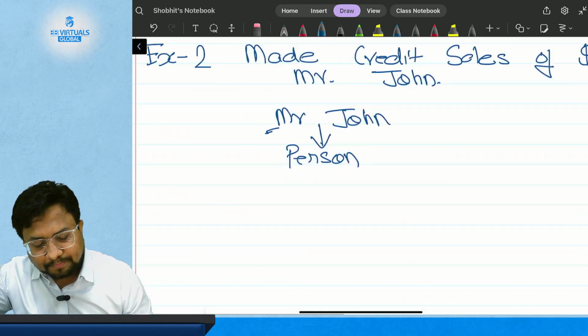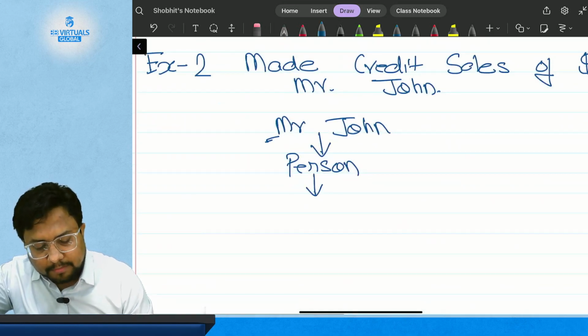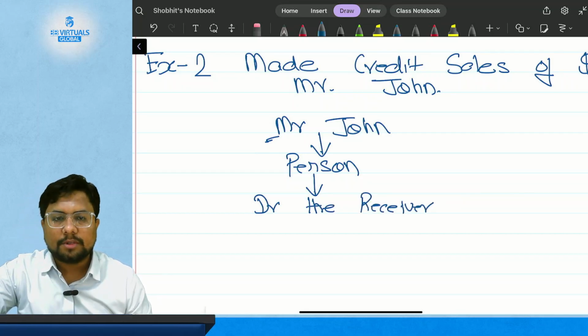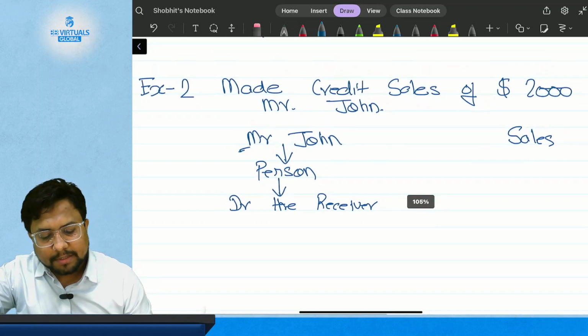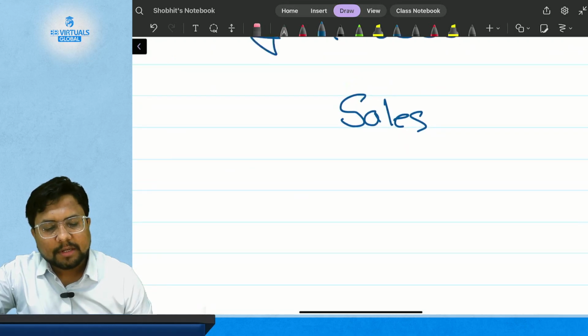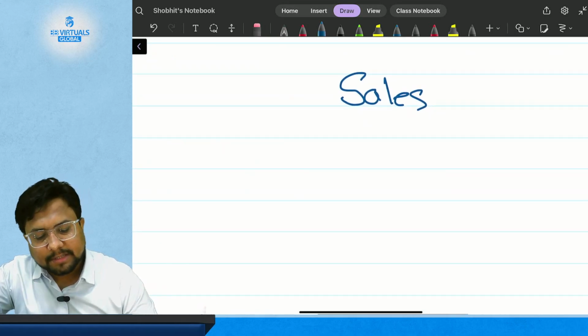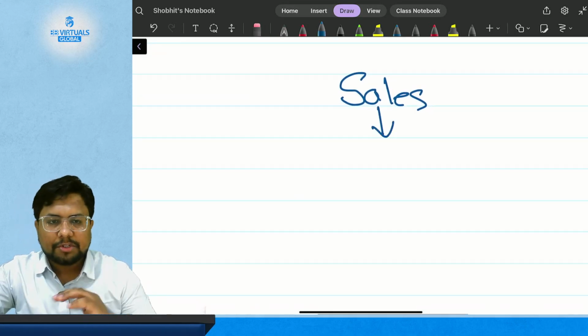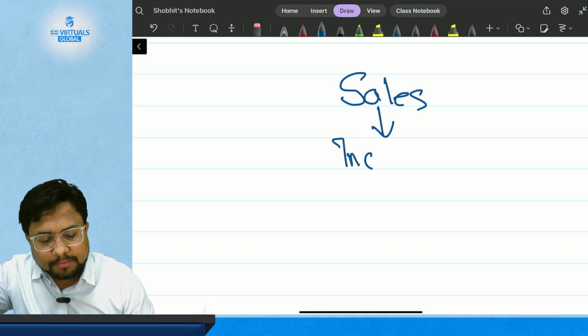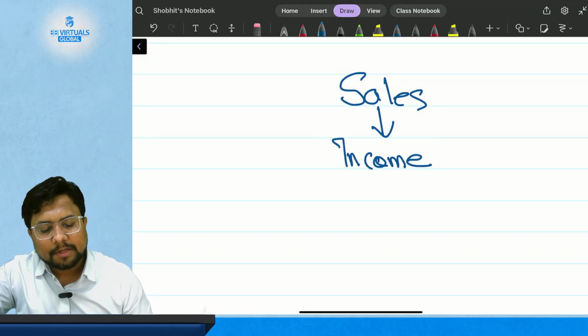Okay, so rule is saying debit the receiver. Then comes our second element, that is sales. In earlier illustration also we have understood what is sale. So sale is an income. Sale is an income, and who deals with income?